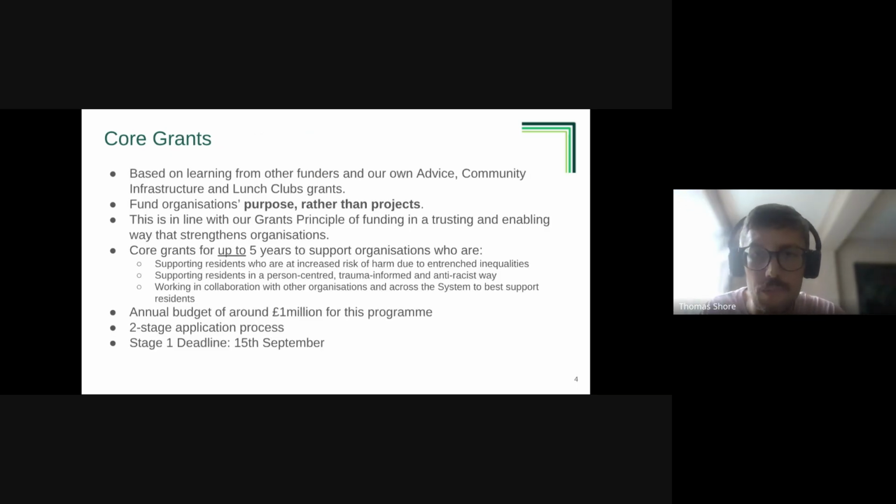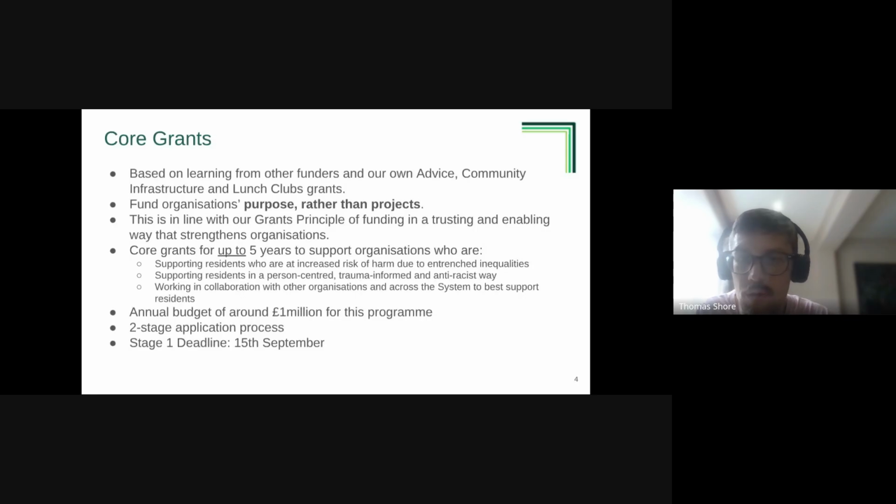So our core grants programme is based on learning from other funders, the sector more widely, and our own grants programmes, most specifically, in the past few years, our advice programmes, community infrastructure, and lunch club grants. We want to fund organisations' purpose rather than projects, which is in line with our grant principles of funding in a trusting and enabling way that strengthens organisations.